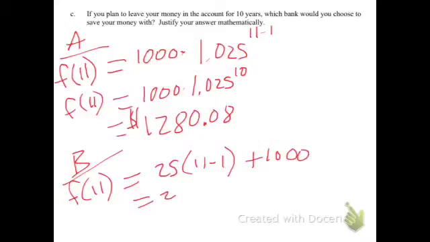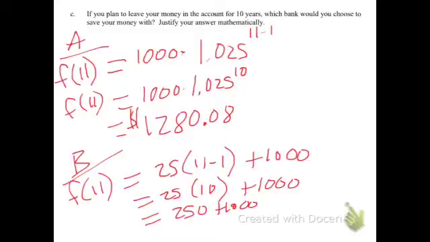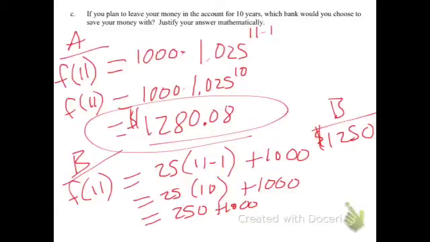You have to do 25 times 10 and add that to 1,000. 25 times 10 is 250, and then add that to the 1,000. And so once you do that, Plan B gives you a grand total of $1,250. And so noticing 1,280 versus 1,250, Plan A is better.